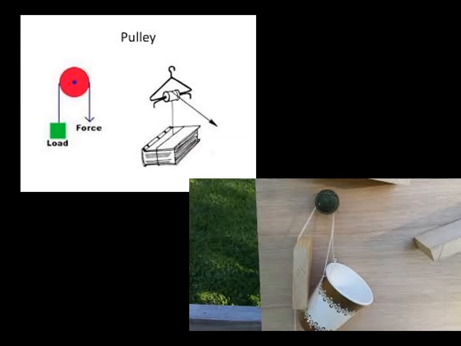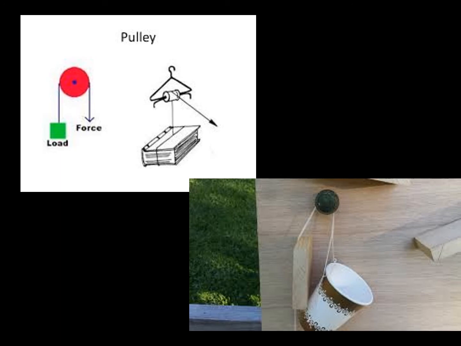So what I'd like you to do in this challenge is do something with two causes and effects. So the first cause and effect, let's use the example of the cup that's on the lower part of the screen.